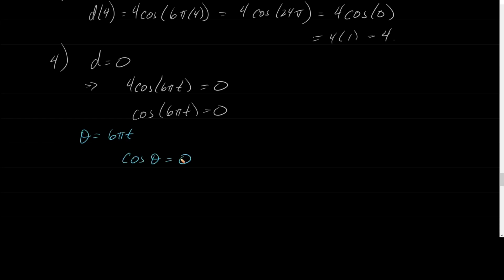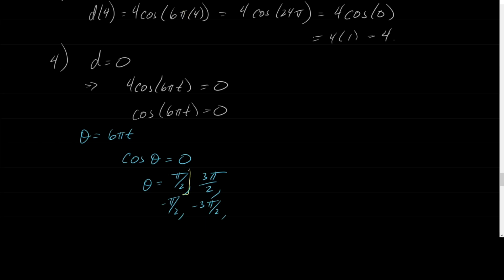We want to figure out what value of theta gives me that cosine theta is equal to 0. From the unit circle, we've got the options of pi over 2, 3 pi over 2, but we also know that negative pi over 2 would work and negative 3 pi over 2 would work, and so forth. But we want the least positive value.